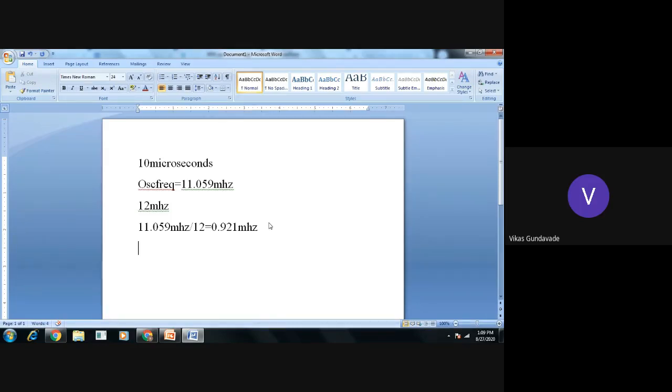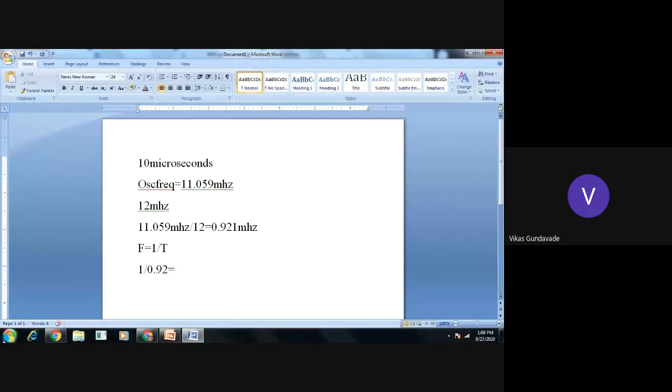Here we already know that f is equal to 1 by T. So the frequency is given as 0.92, and 1 divided by 0.92 will give the actual time required for a single clock pulse.